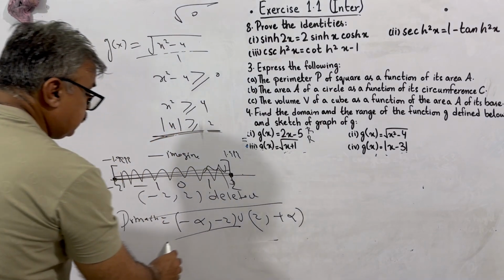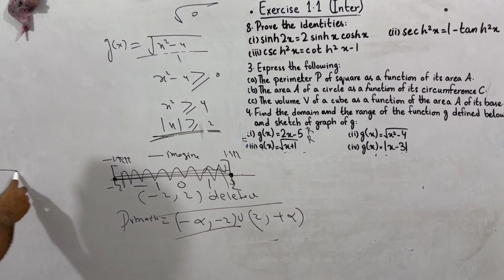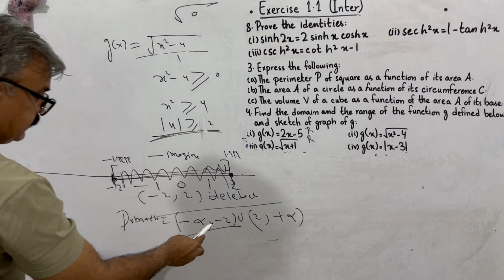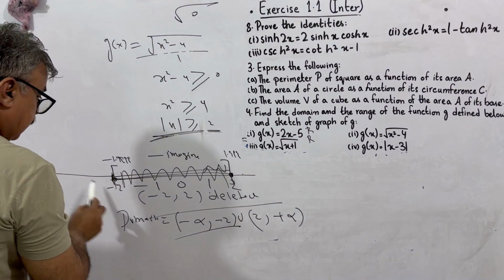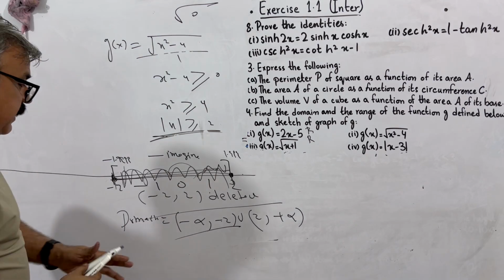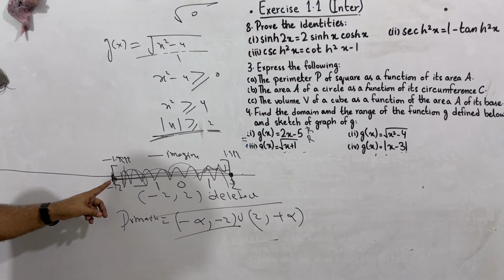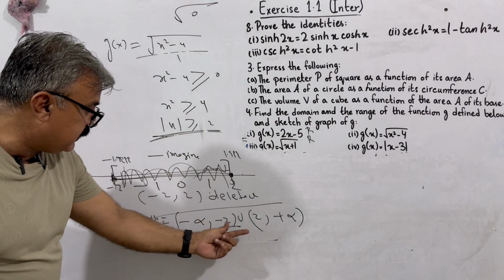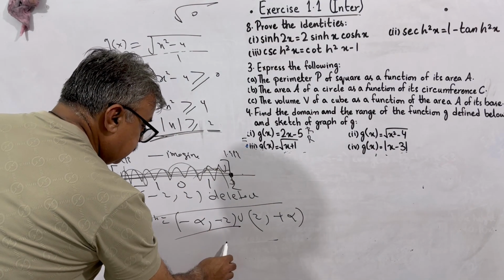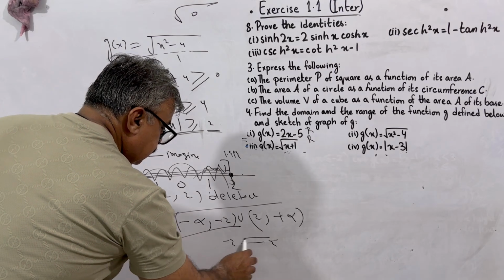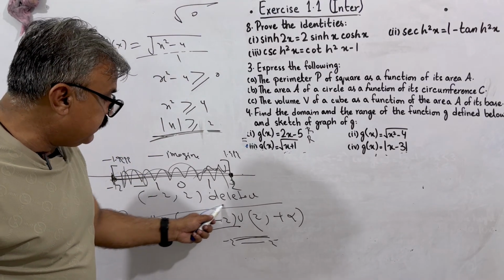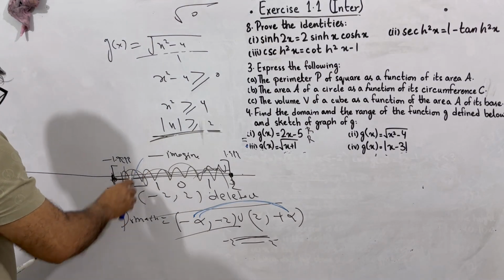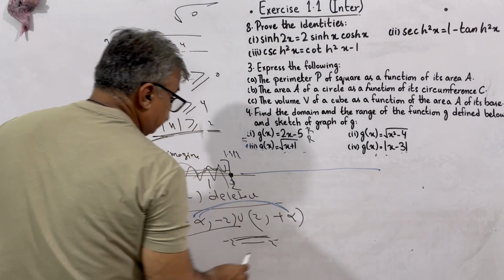All real numbers from negative to positive, but excluding this portion, minus 2 to 2, which we have deleted.